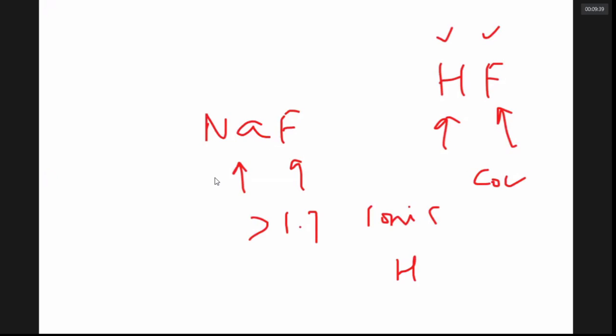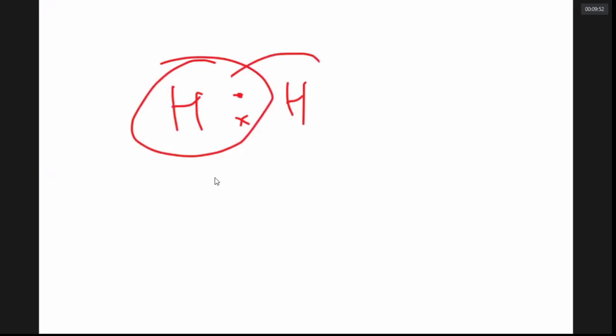What is the bond present between two hydrogen atoms? Covalent. Notice, if the bonded atoms are identical, the electron pair is exactly in the center of the two bonded atoms. You are doing a business with your friend.